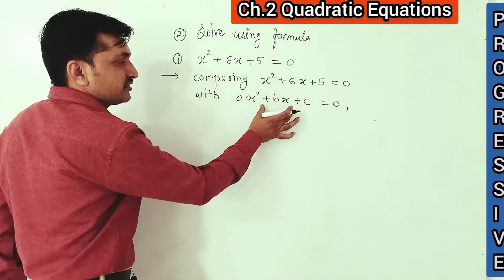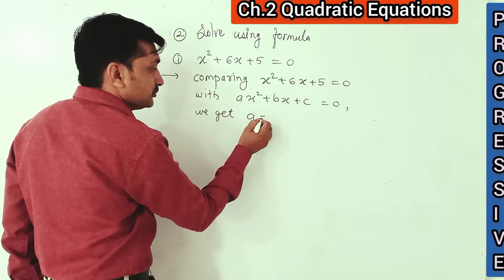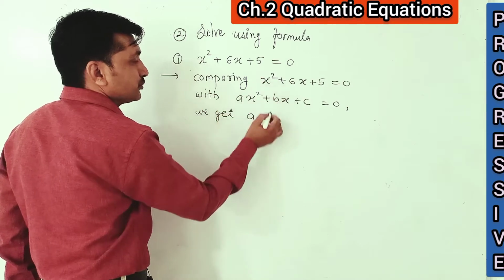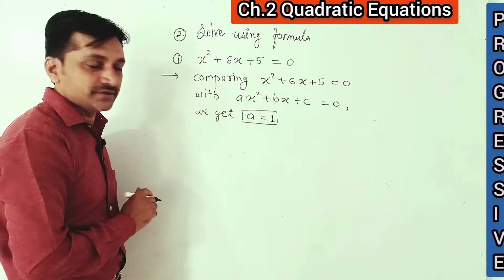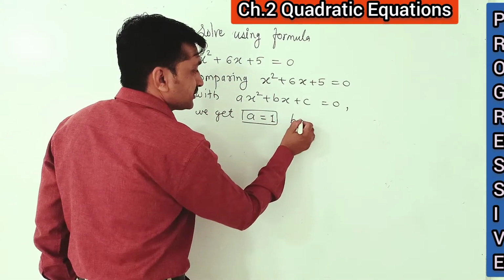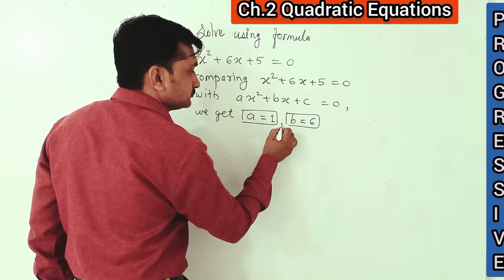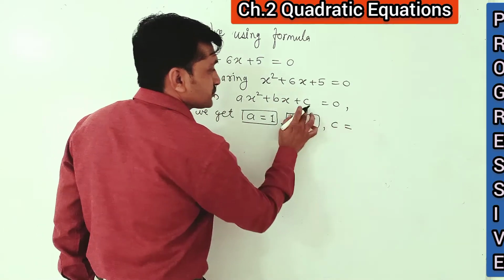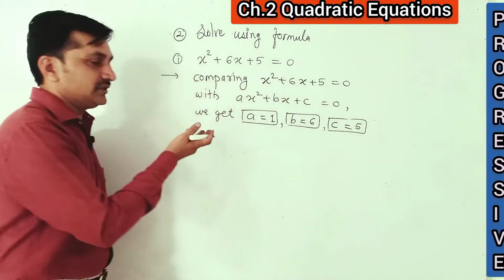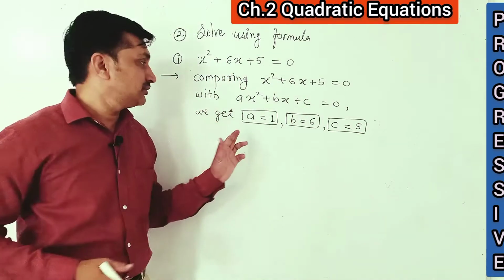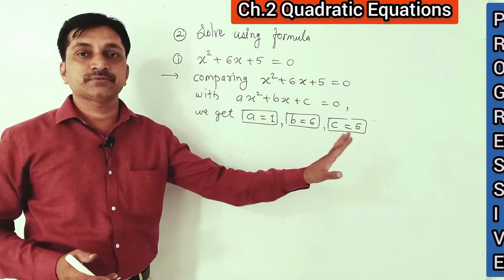Comparing the given equation with the standard form, we get three values. We get the ABC values. A is equal to the coefficient of x square, 1, right? B is equal to the coefficient of x, 6. C is the constant, the last term, 5. Now till here, that is the method of the previous example. Comparing the given equation with the general form, we get the ABC values.